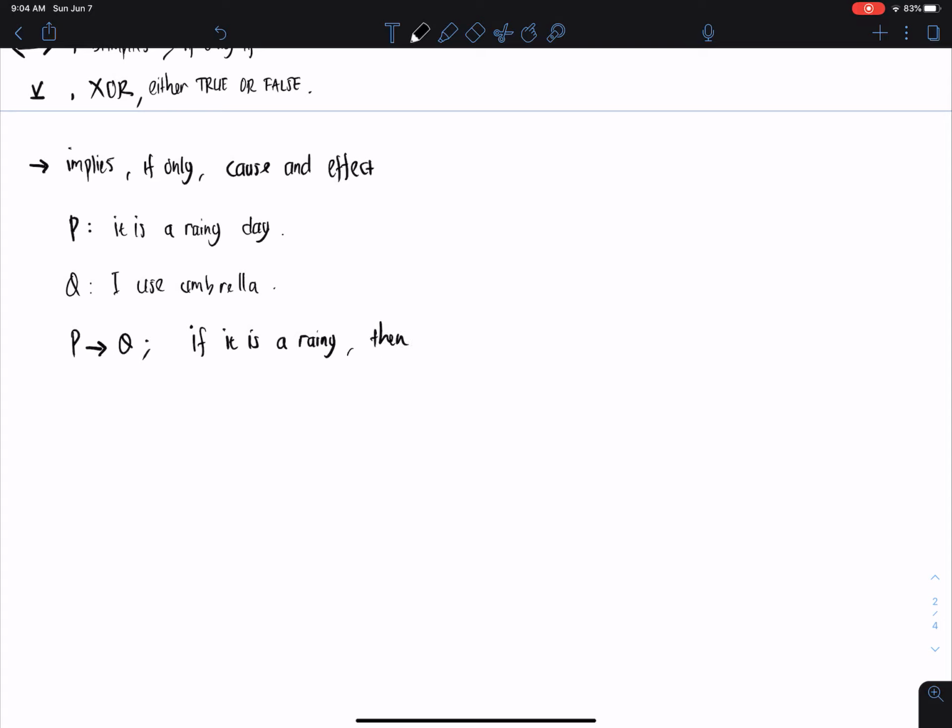Okay, so let us observe here the keyword if and follow with the keyword then. Okay, if it is a rainy day, then I use umbrella.